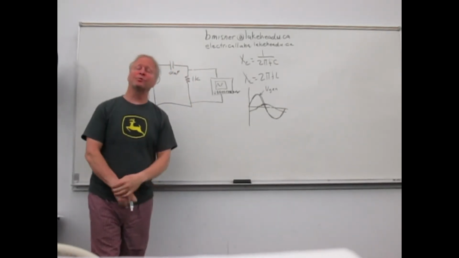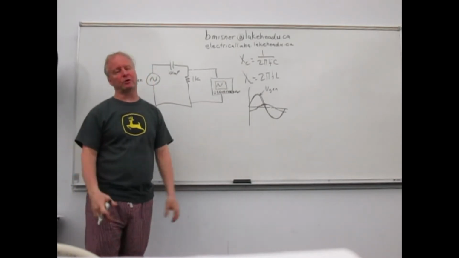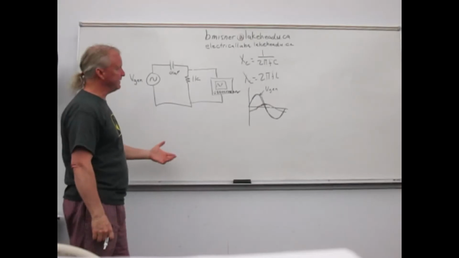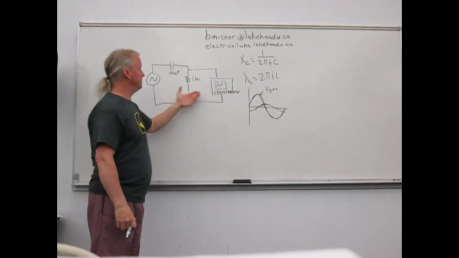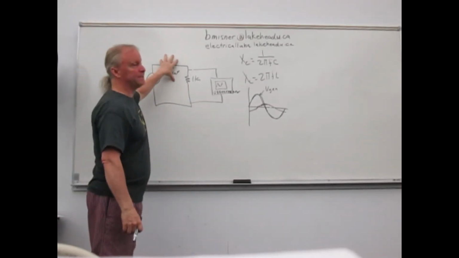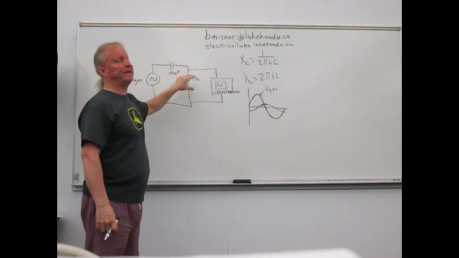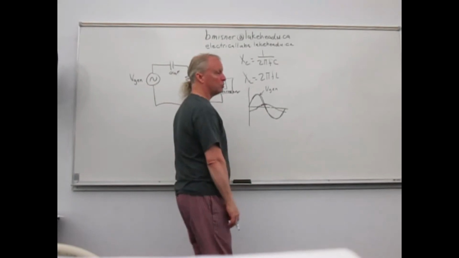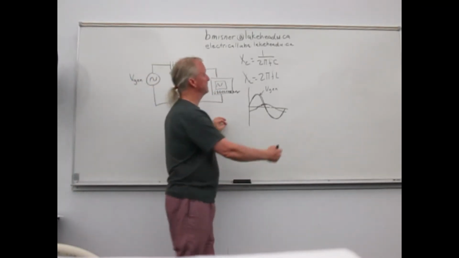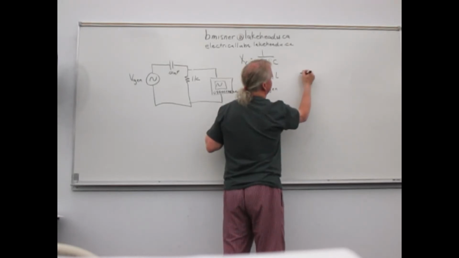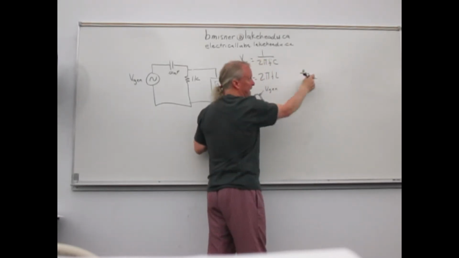Okay? So what we end up doing is we start drawing these impedance triangles. Okay, so let's say, for example, we have XC is very large. So VR is very small. Our triangle looks like this, because R is in the real axis.